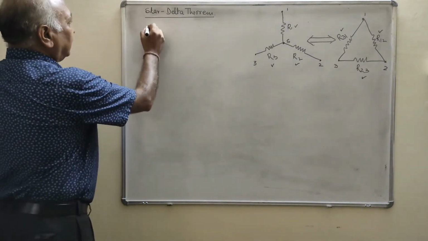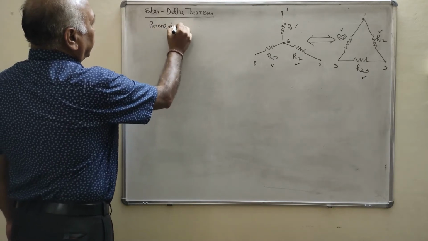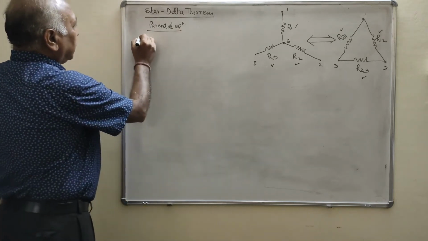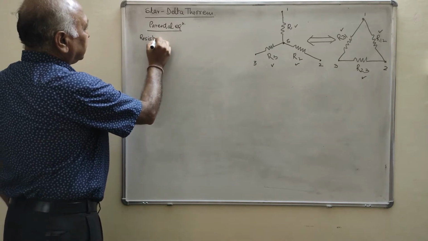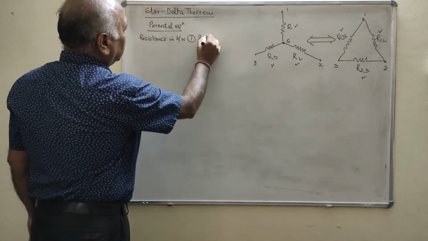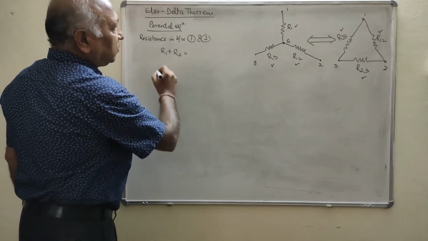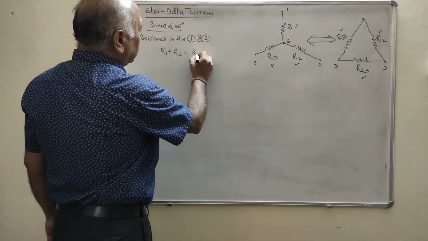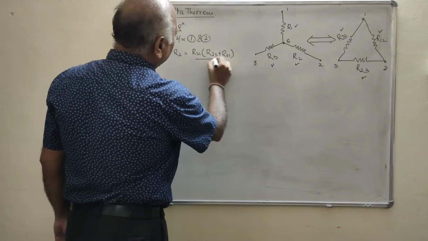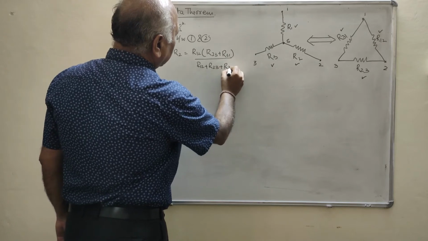Now we will derive the parent equation. What is the parent equation? The resistance in between 1 and 2, that is R1 plus R2, is equal to R12 into R23 plus R31 upon R12 plus R23 plus R31.